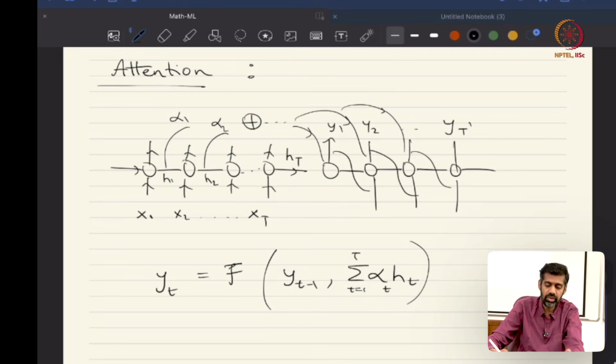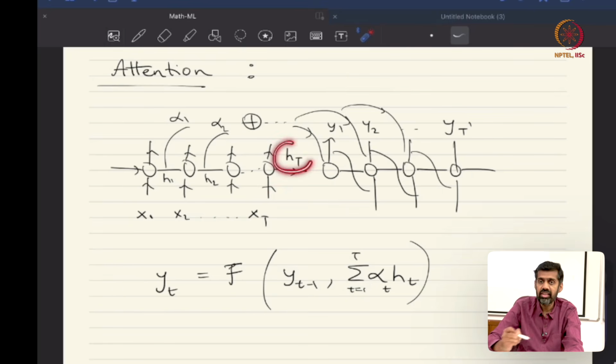So, why was this made? This was made to ensure that the burden of carrying all the information about the input is not laid only on the final hidden state, but you take into consideration all the hidden states of the input, take a linear combination of them and give it as an input to the output LSTMs.